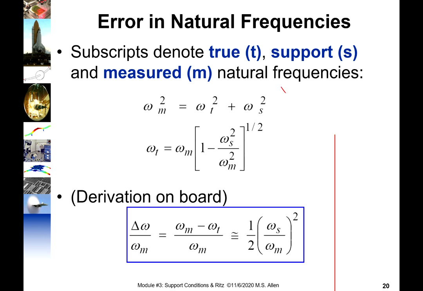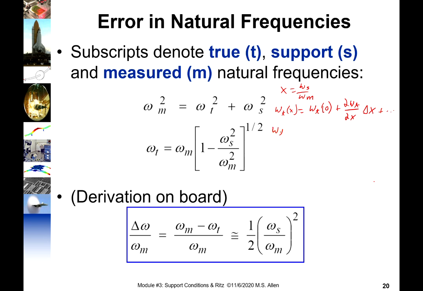So if we define x to be the natural frequency of the support over the measured natural frequency, and we're hoping that that will be a small number, so that would justify a Taylor series expansion, then we can say that the true natural frequency, which is a function of x, will be the expression for the true natural frequency evaluated at x equals 0 plus the derivative of the frequency with respect to x times delta x, where when x is equal to 0, the support structure has 0 stiffness, right? Plus we could have higher order terms.